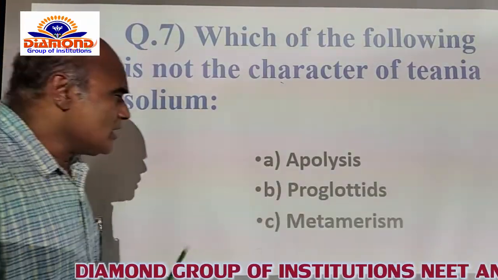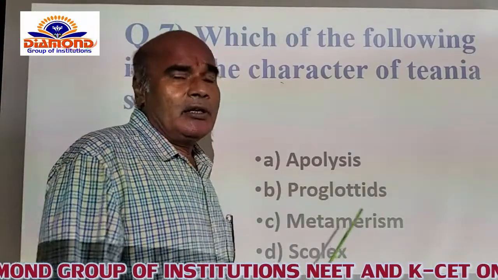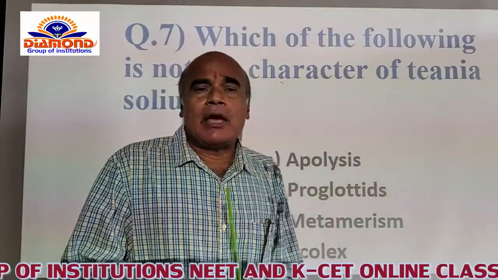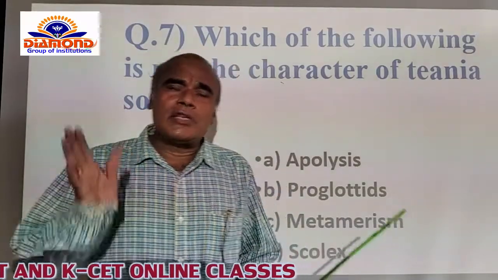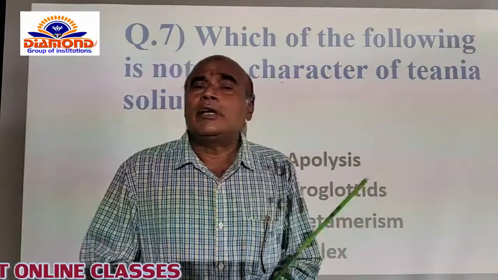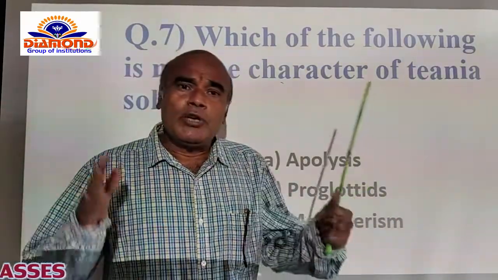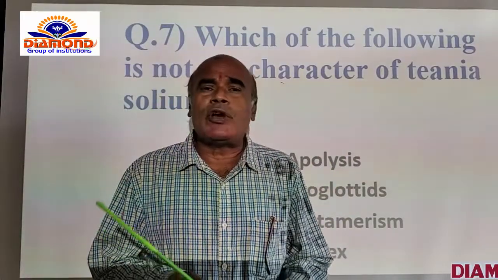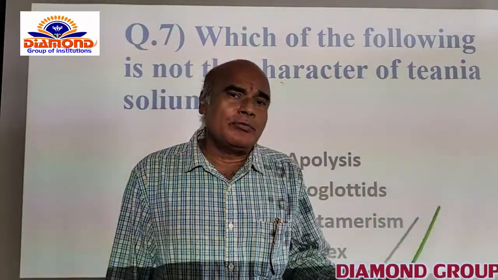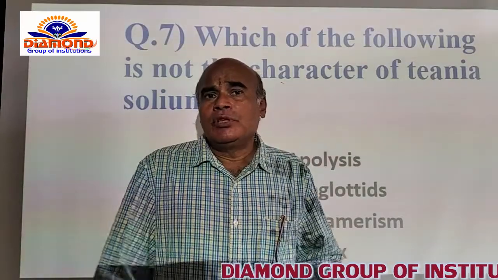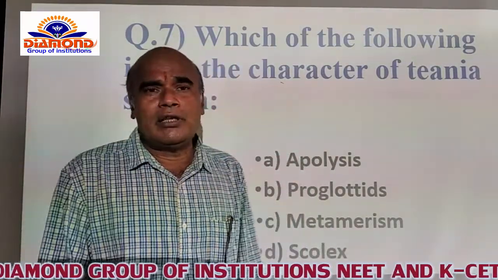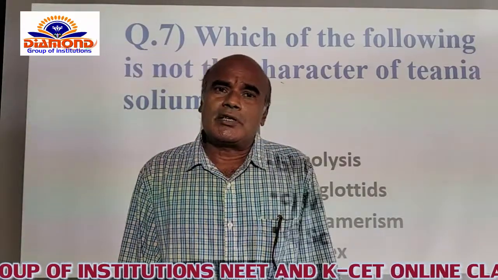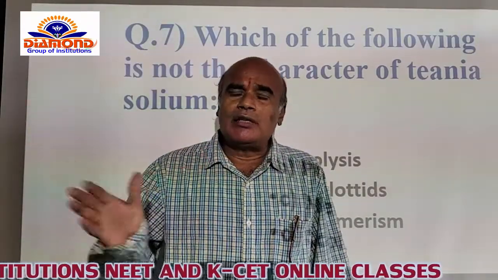Apolysis. Apolysis means that, though it is a parasite, the body continuously develops in size. Whatever new segments are added to the body of Taenia solium, the last segments of the body can be named the gravid proglottids.